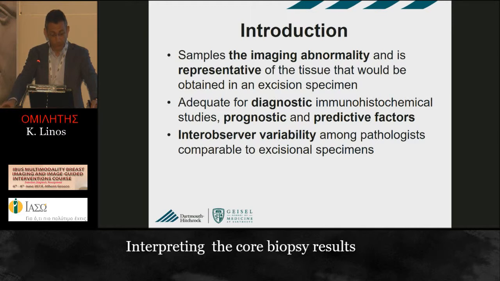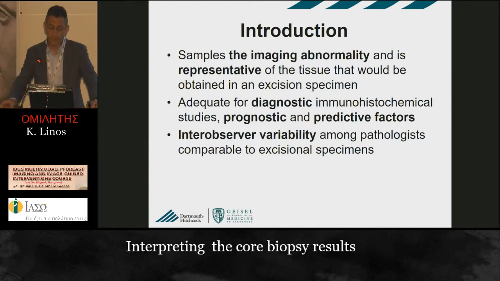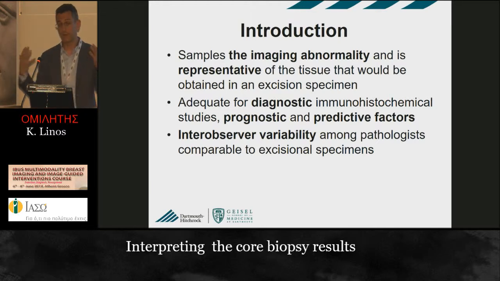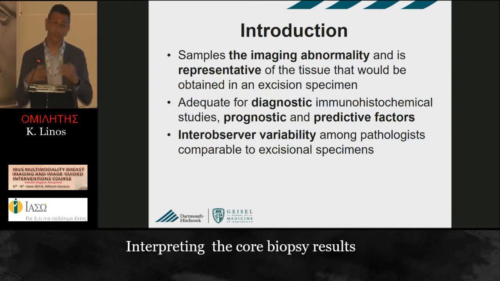Now, one problem with pathology that will never be resolved is that it's interpreted by humans, although, as a parenthesis, artificial intelligence is coming very, very fast in the pathology and radiology world. So there's inter-observer variability. What I mean is that if you take a sample and give it to 10 different pathologists, you're not going to get one answer.